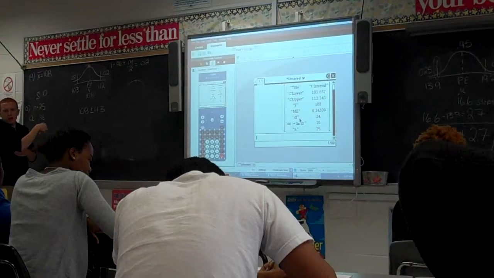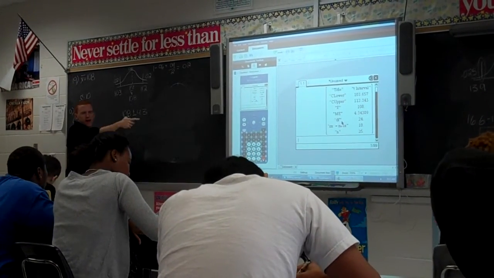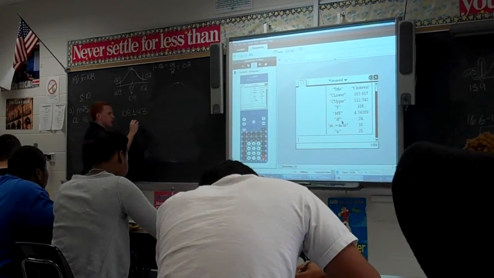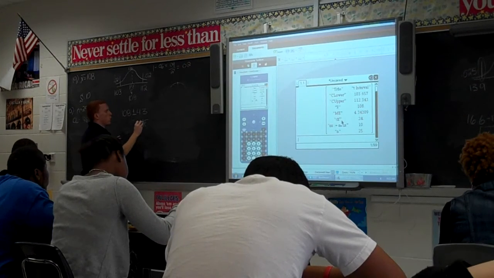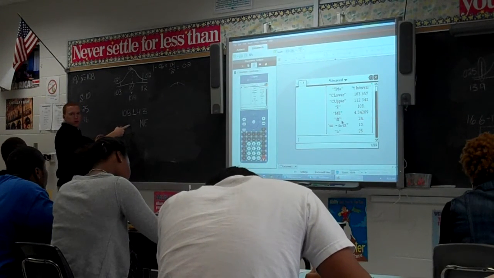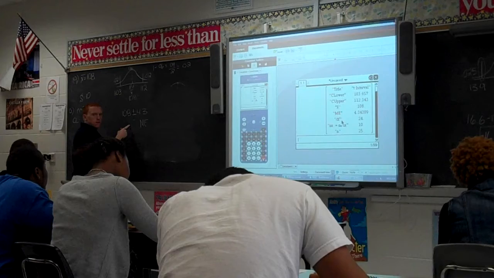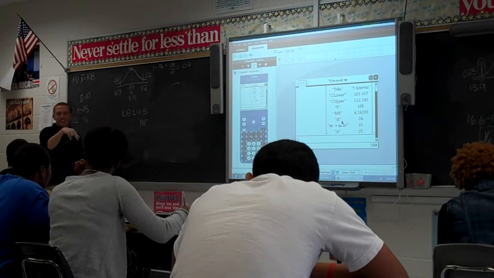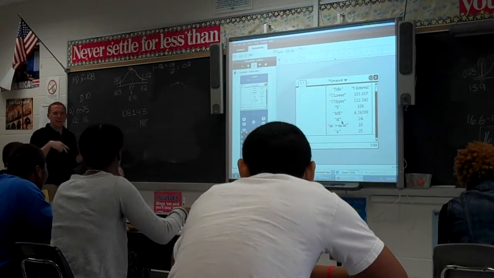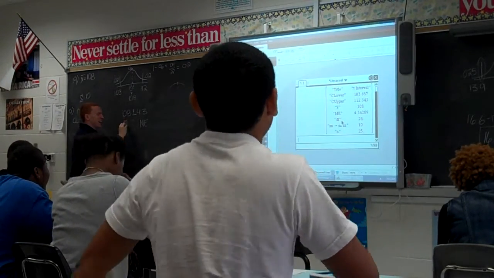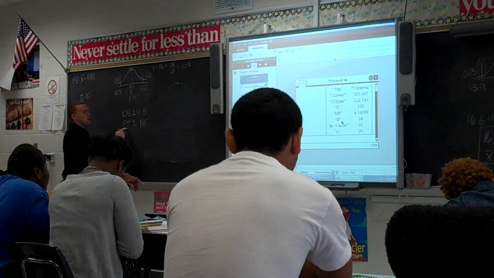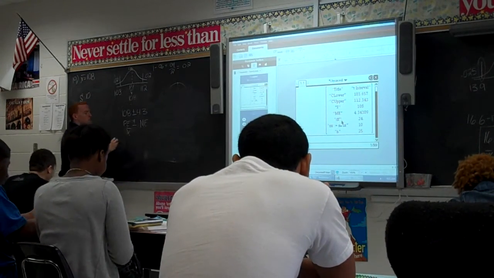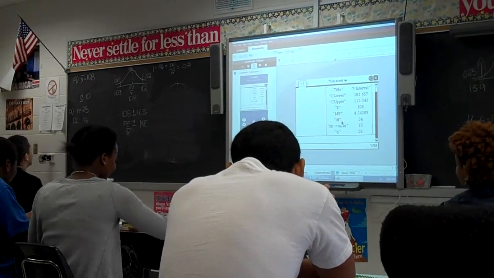And what is 4.3? What do they call it? Oh, it is the margin of error. What is 108? Point estimate. PE or X bar. X bar plus or minus that margin of error.